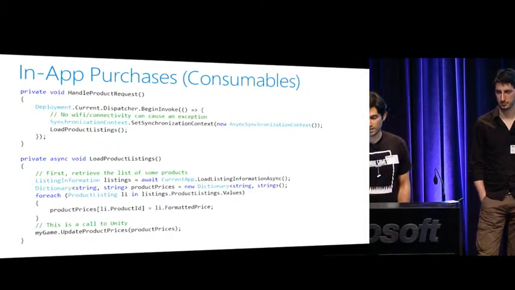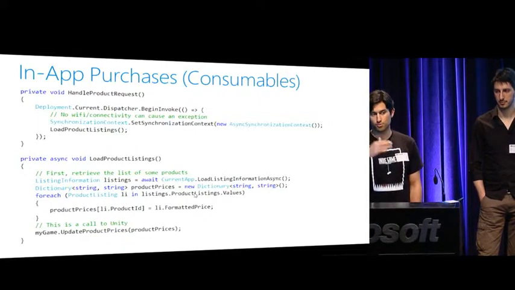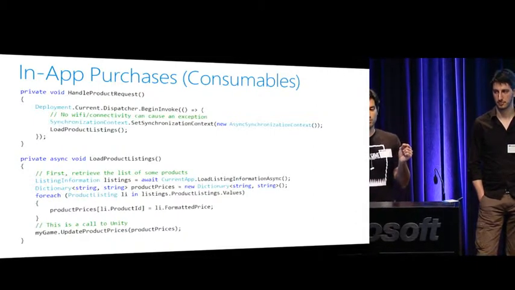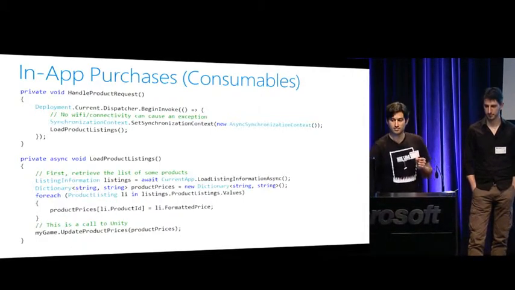In this case, we get all of them back. And we're preparing a dictionary of prices based on the product IDs. So we're simply going through all the products, setting the price, and then we're giving a call to Unity to update those product prices.